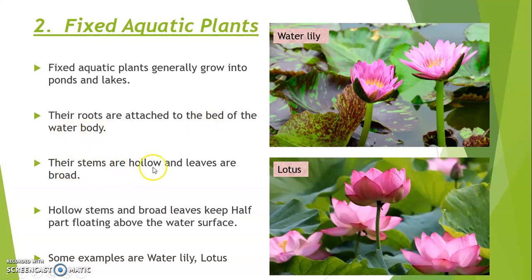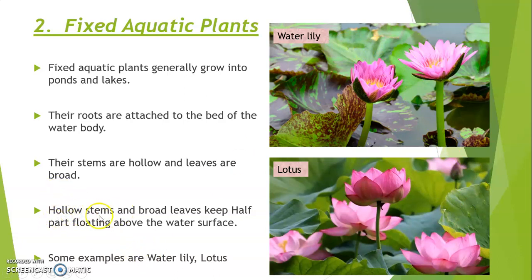Their stems are again hollow and the leaves are broad. So you can see the leaves are bigger. The leaves of this water lily, see behind, or this lotus, are broad. Okay, so they keep floating because the stems are very long and hollow.